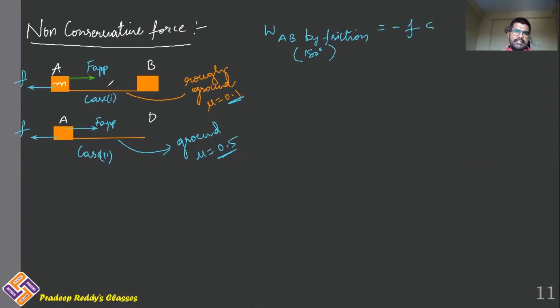I consider it as S. This is the total displacement from A to B. But what is frictional force? Frictional force is mu mg, so work done is minus 0.1 mgS. This is work done by friction.